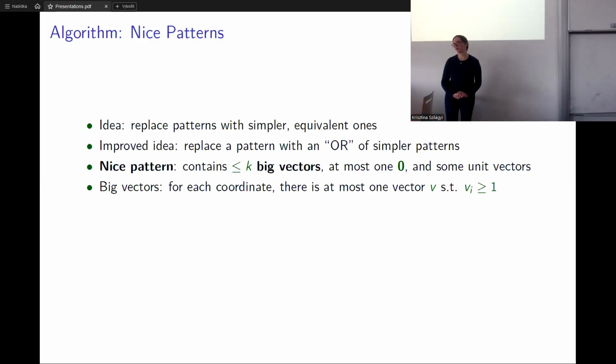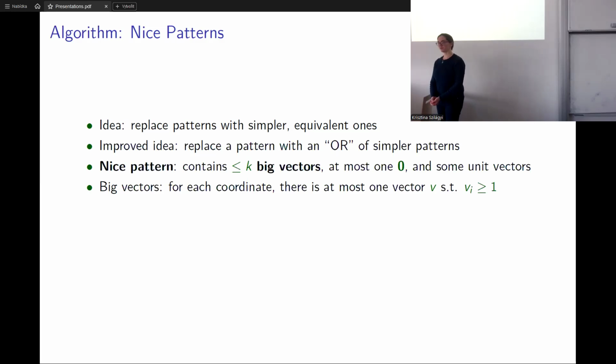The issue is that we cannot always replace a pattern with just one simple equivalent pattern, but we need to replace it by an OR of equivalent simpler patterns. So the idea is that we have one instance and we say that this is a good instance if and only if some of these simpler patterns that we construct are good instances.